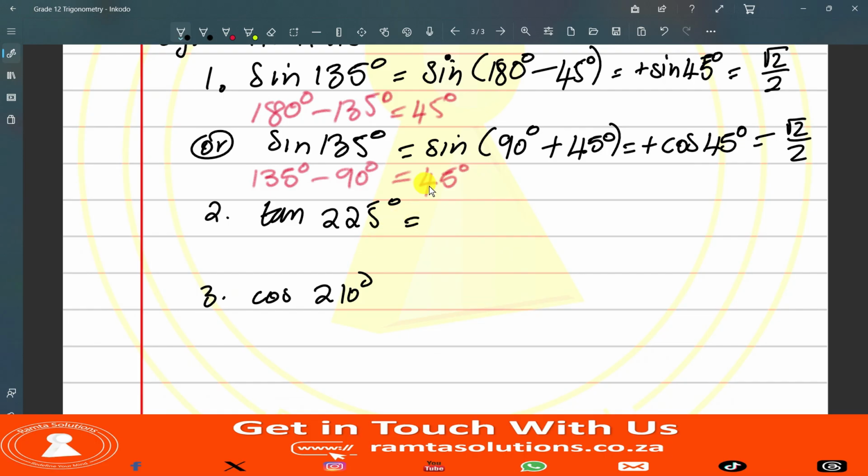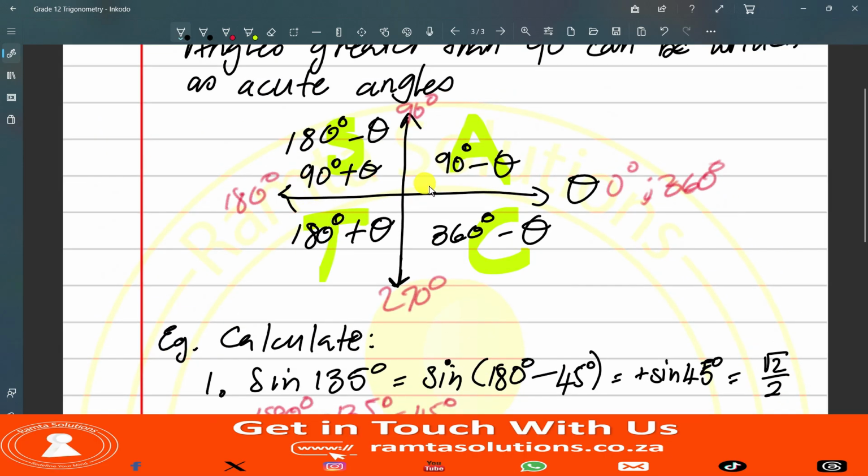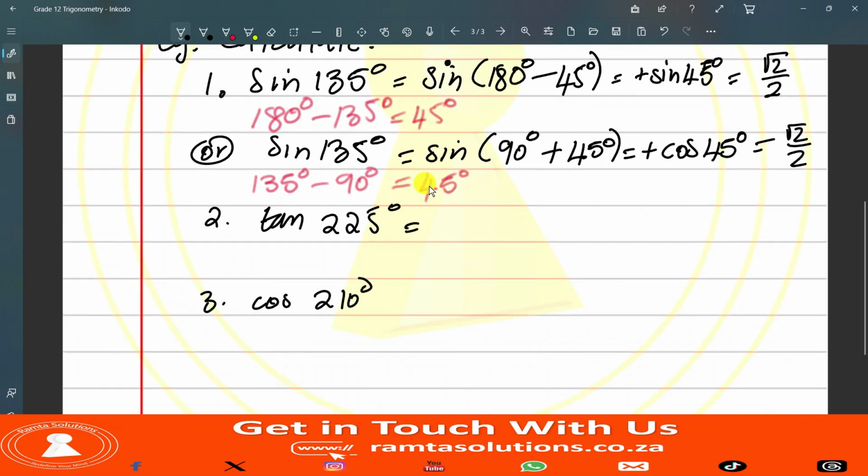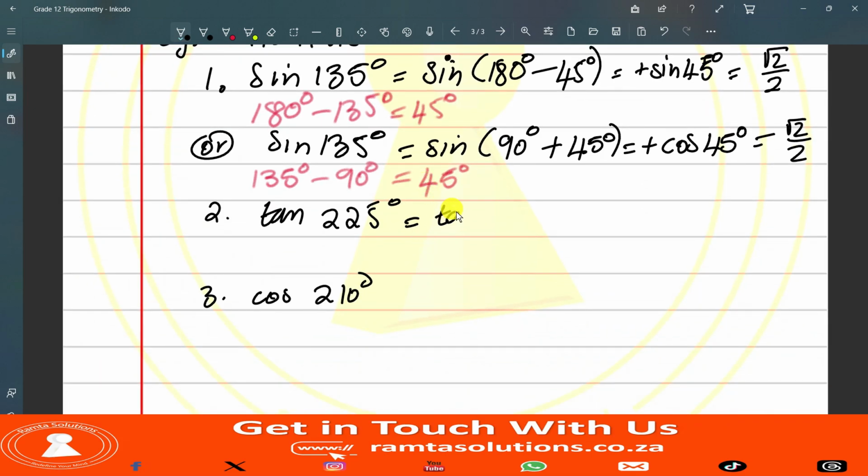Now let's go to tan 225. Where is this angle? 225 is greater than 180 but less than 270. That means it is in the third quadrant. In the third quadrant, we work with 180 plus. All right? 225 and 180, which one is greater? 225. So 225 minus 180 will be 45 degrees, isn't it? Perfect. So this will be 180 plus 45.